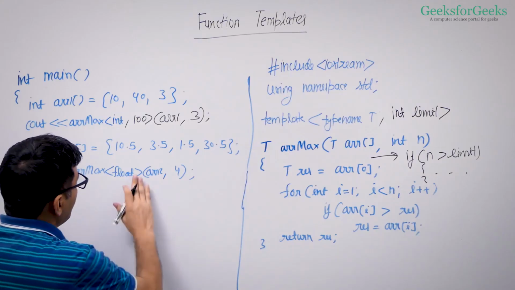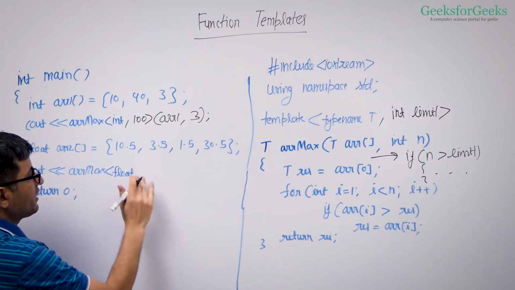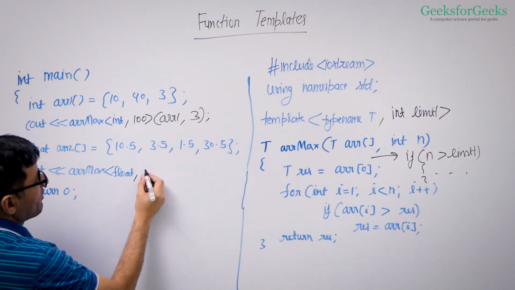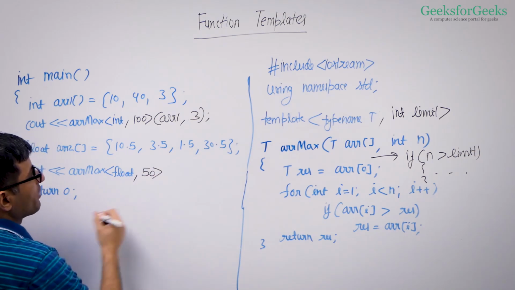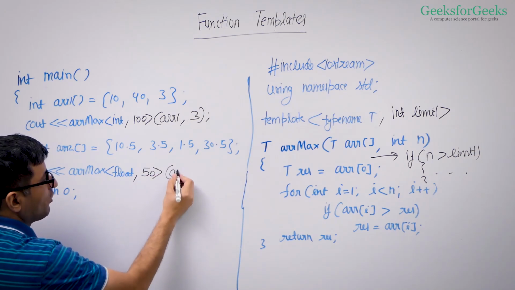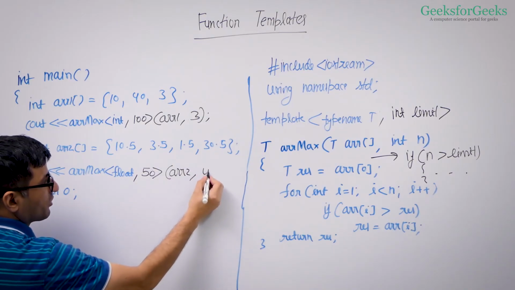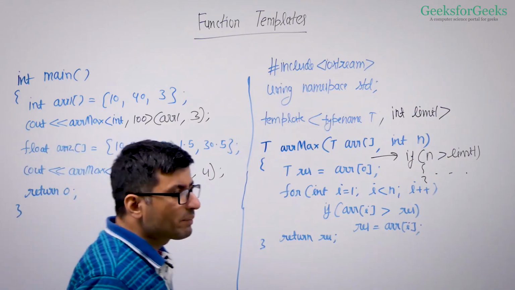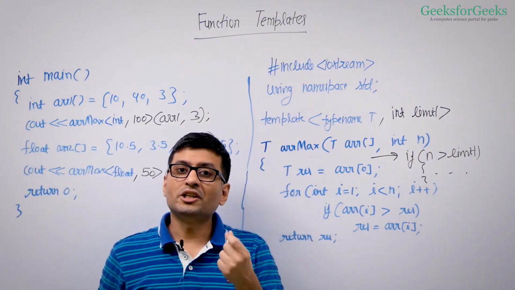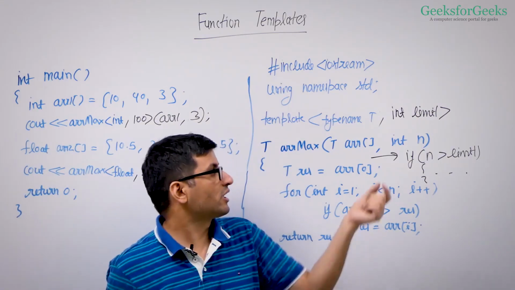Similarly here, I can change it and provide a limit for floating point numbers. If 50 is the limit for floating point numbers, I can call array 2 and can pass for this array 4, right? So this limit parameter is an integer parameter, it's not a data type, and it is processed by the templates.